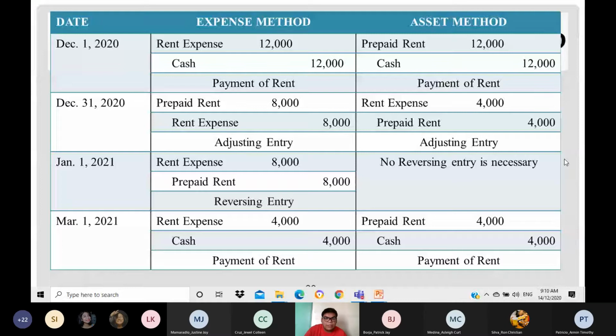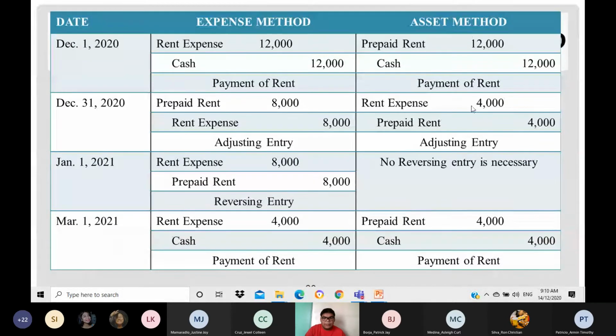Under the expense method, payment for rent is considered debited to rent expense, provided a reversing entry is made. So you need a reversing entry. This is rent expense on December 1 and March 1.